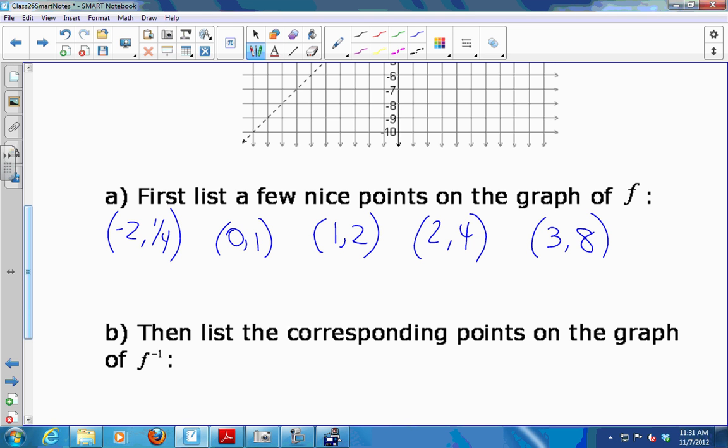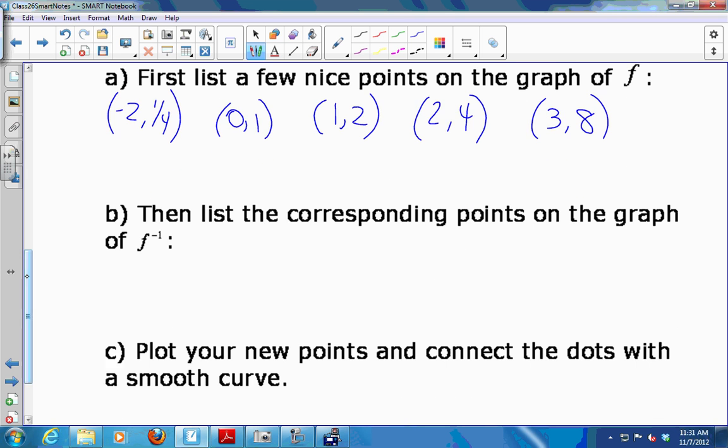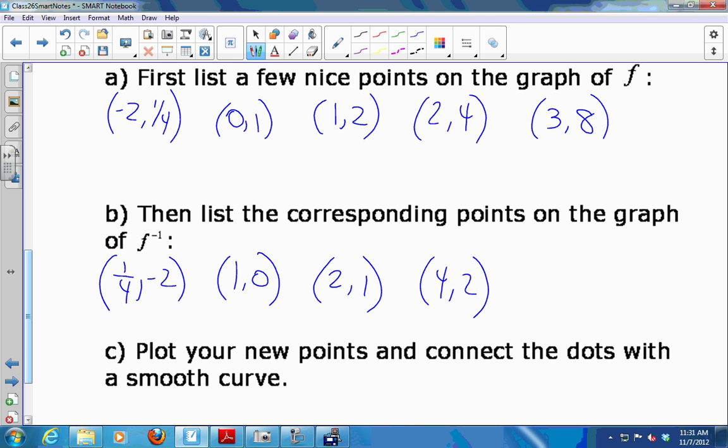So the corresponding points on the graph of f inverse are just going to switch the x and the y, switch the input and the output. So I'm going to have 1/4, -2, and 1, 0, and 2, 1, and 4, 2, and 8, 3. I'm going to plot those new points and connect them with a nice smooth curve.